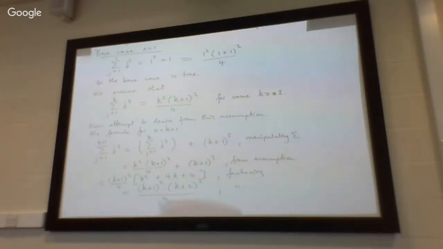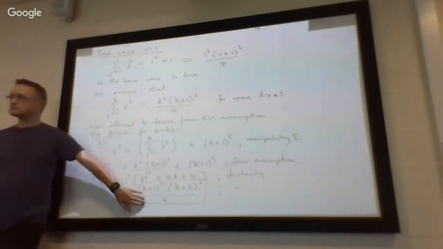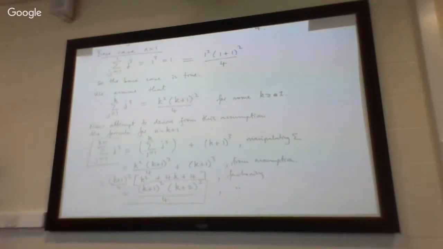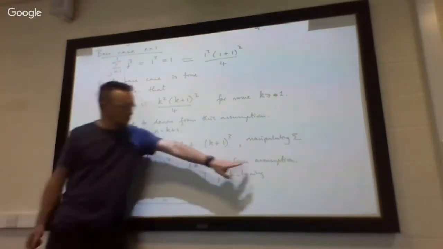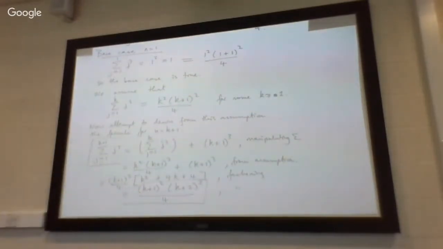But the point is, what we've done, it's a bit colliding on top of each other there. But if you look at that right-hand side and the left-hand side we started off with, that is the required formula when n is k plus 1, isn't it? How did we arrive at that? Well, we did some algebraic manipulation, but crucially, we used the assumption we just made.